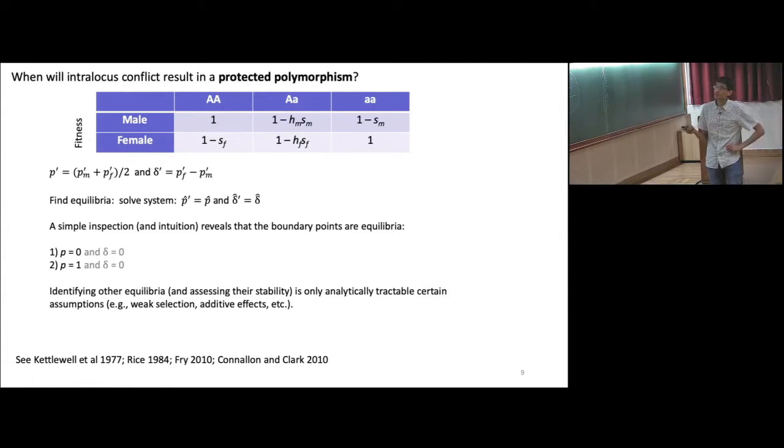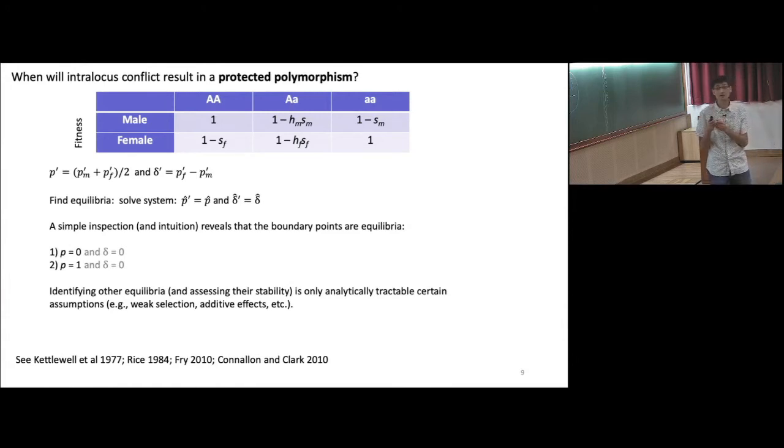And a simple inspection of these kinds of equations shows that the so-called boundary points are equilibria. In other words, where one allele is fixed or the other allele is fixed, those are equilibria. There may well be other kinds of equilibria, polymorphic equilibria.